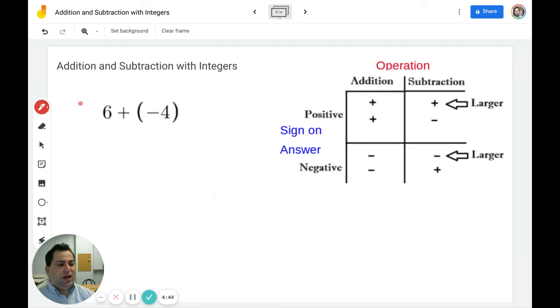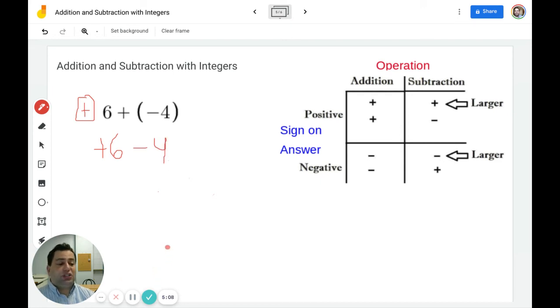So here I know I have a positive 6. So I'm going to bring that positive 6 down. And here I have a plus negative 4. Well, that's opposite signs or an odd number of negative signs. Therefore, I know I have minus 4.